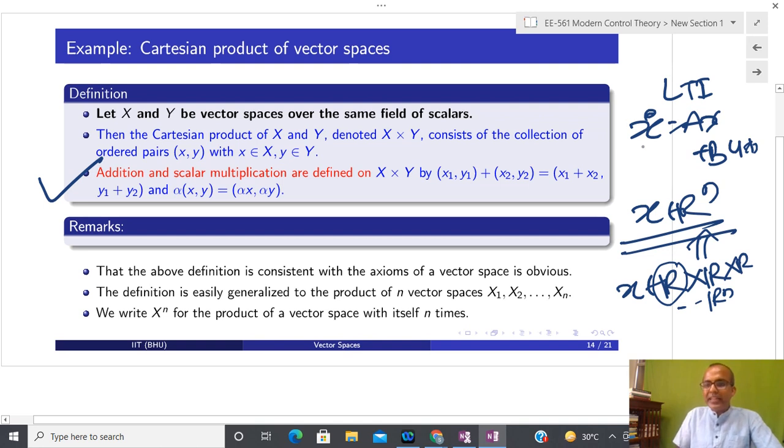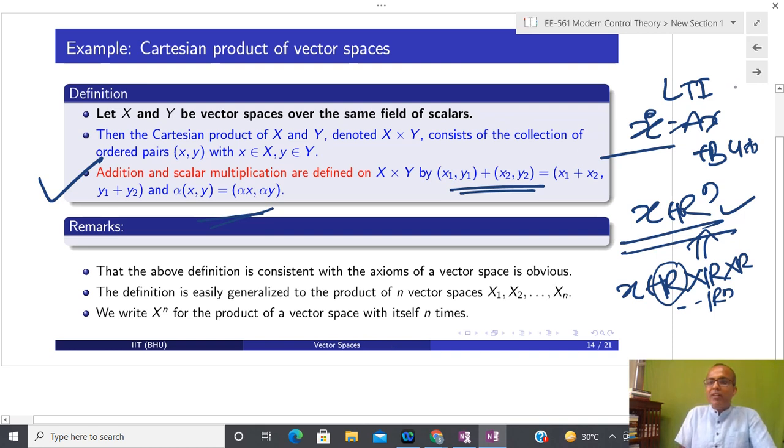Okay, so due to that reason, even if I have a multi input multi output system, I am directly writing it like this, because I know the Cartesian product of more than one quantity can be understood like this. Again I am mapping to the real numbers only. Okay, so the whole story boils down to real numbers only.